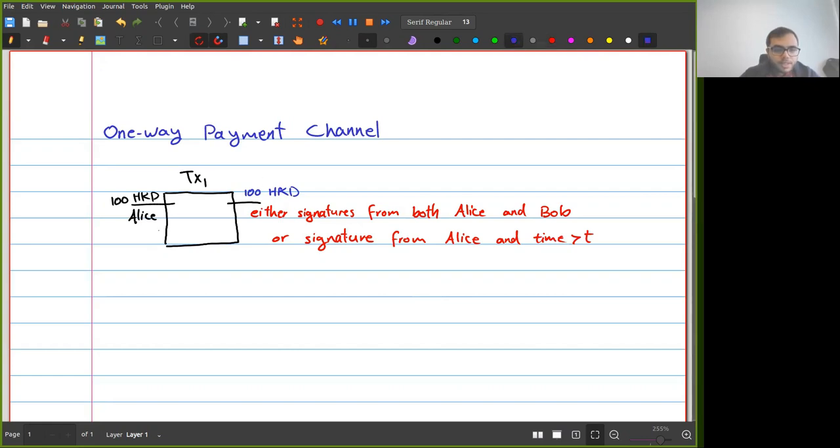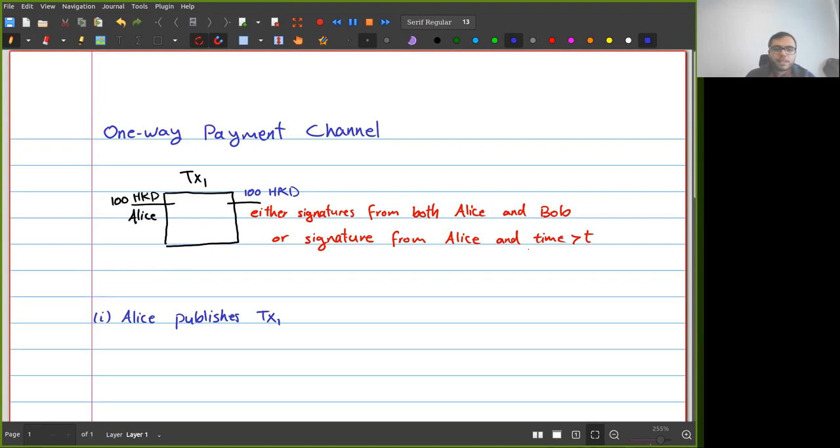So this was the deposit transaction. And we said that in step 1, Alice publishes this transaction. So now her money is locked, and the only way she can get it back is if she convinces Bob to sign something, or if time passes and we are after time t.